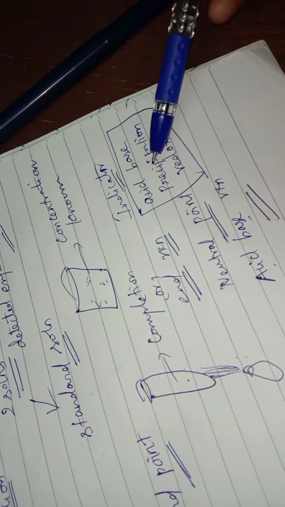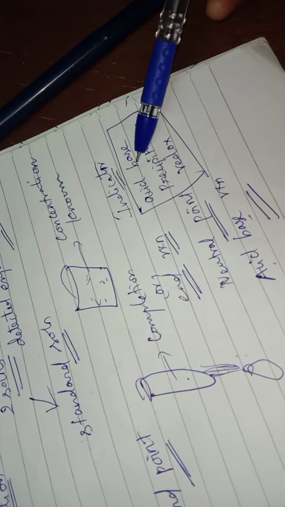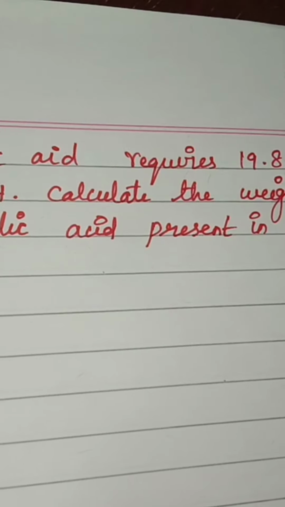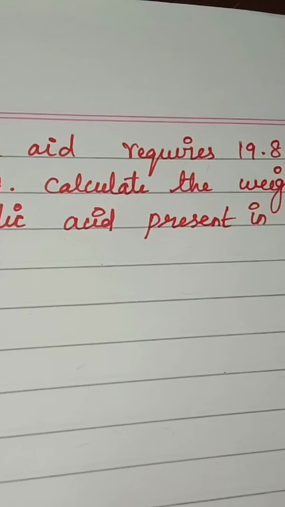Indicators are divided into three types: acid base indicator, precipitation indicator, and redox indicator.